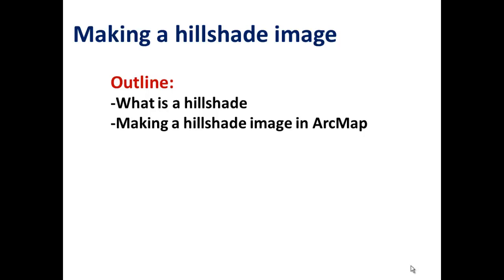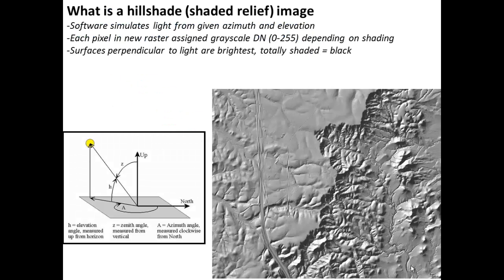make one in ArcMap. So a hillshade, or shaded relief image, is a visualization of the digital elevation data. And the way this is generated is that the computer simulates shining a light on the digital topography.